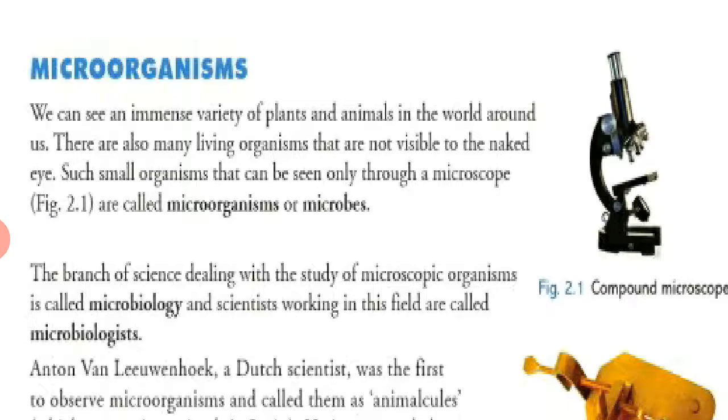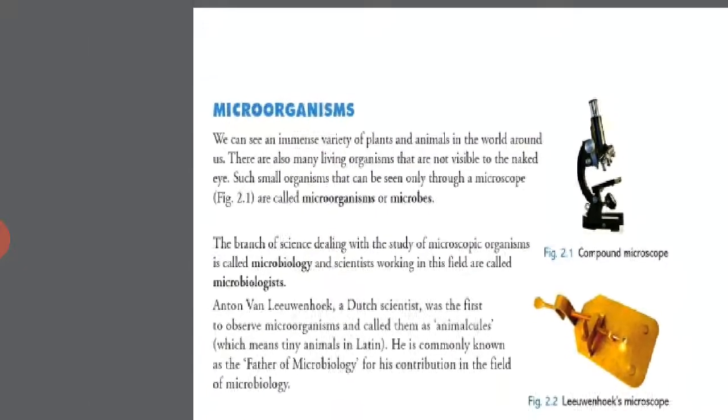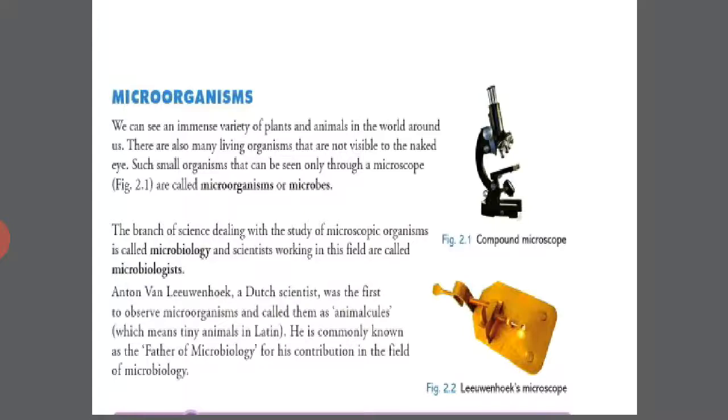The branch of science dealing with the study of microscopic organisms is called microbiology, and scientists working in this field are called microbiologists. You can see the image of a compound microscope shown over there. Another type of microscope is also shown over there.